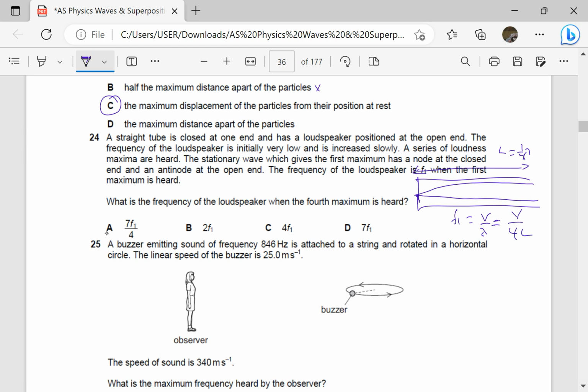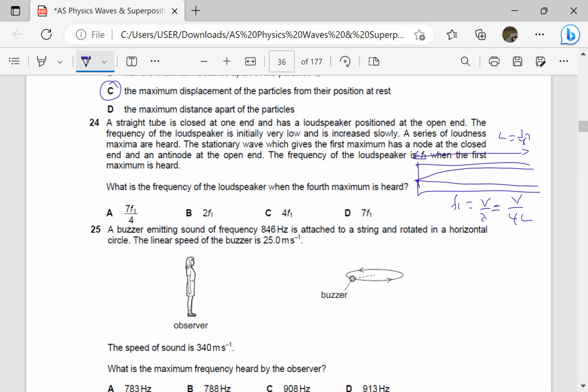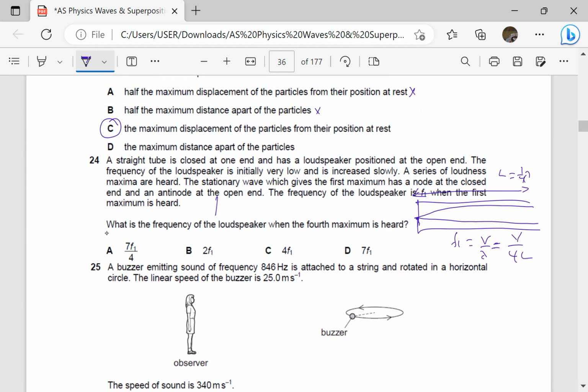What is the frequency of the loudspeaker when the fourth maximum is heard? I will sketch this for simplicity. I'm going to increase the frequency so that I have more maxima.